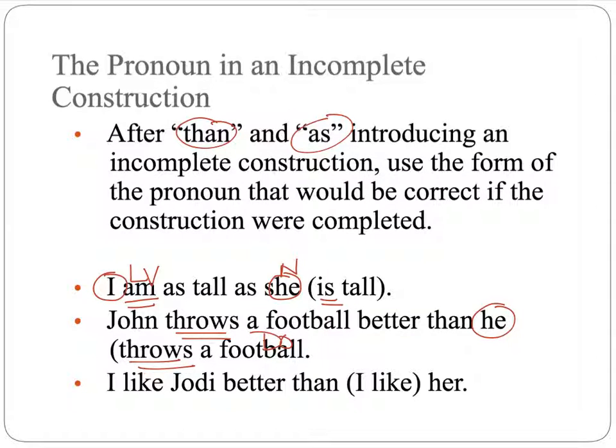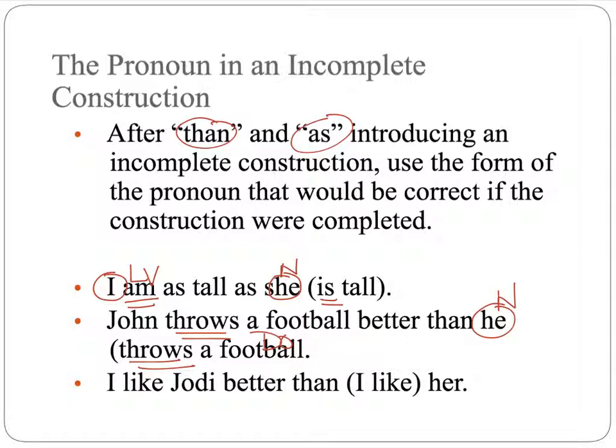If this sentence read, John throws a football better than him, what you are suggesting is that the construction would be completed as follows. John throws a football better than John throws him, because him is an objective case pronoun. You need a nominative case pronoun as a subject.